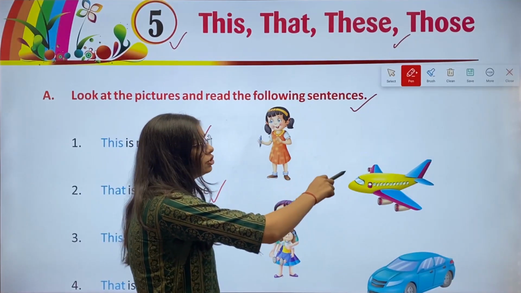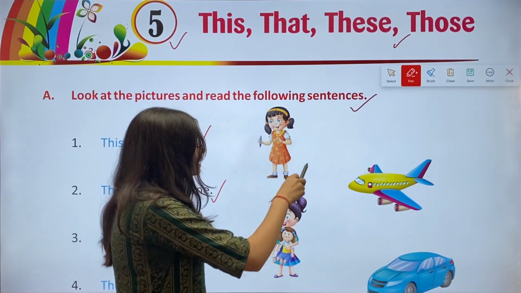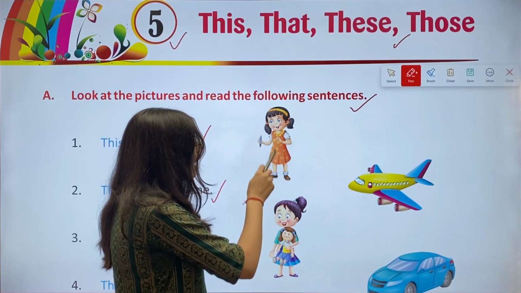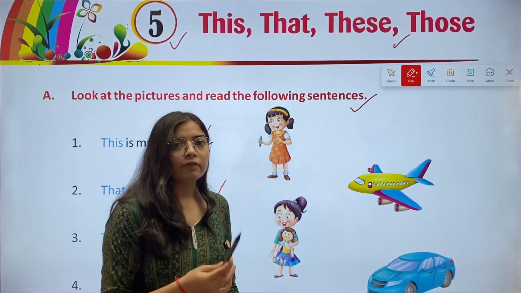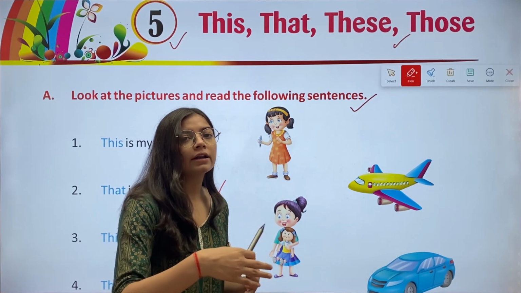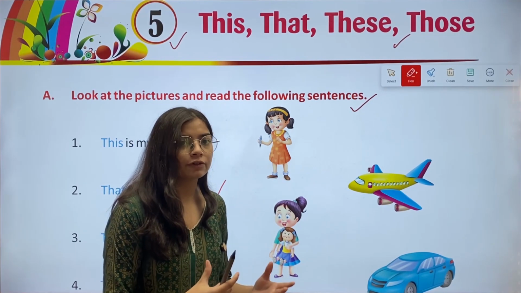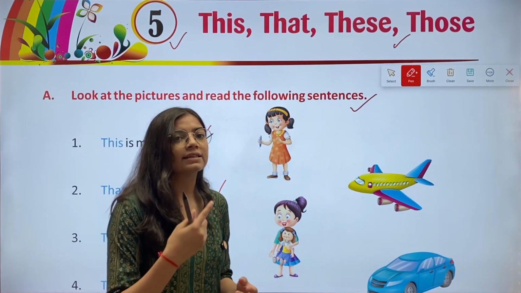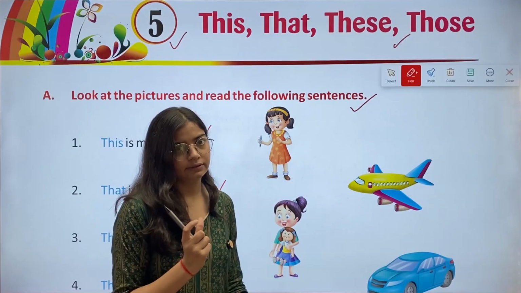So this is the picture of an aeroplane, right? This aeroplane is far away from this girl. So when the things are far away from someone, and when we refer to them as a single thing, we use the word that.